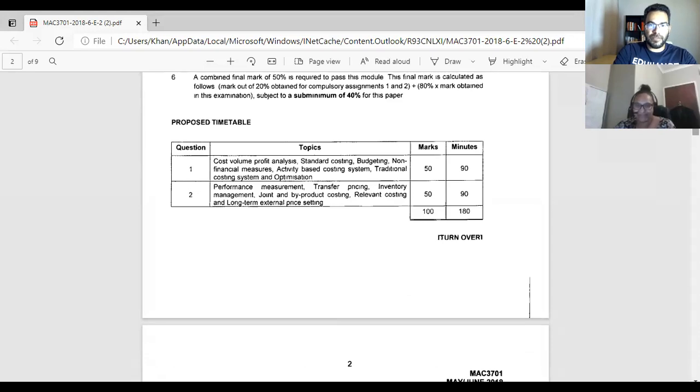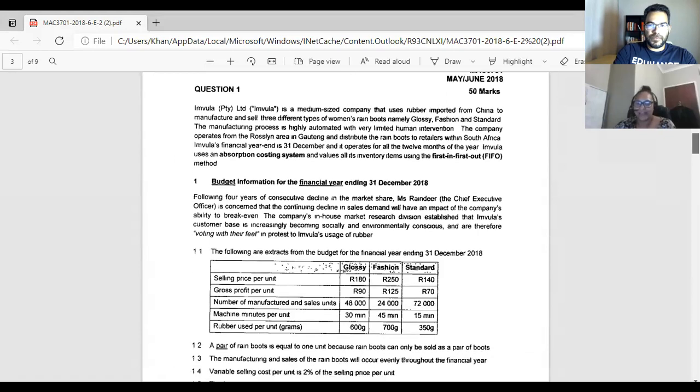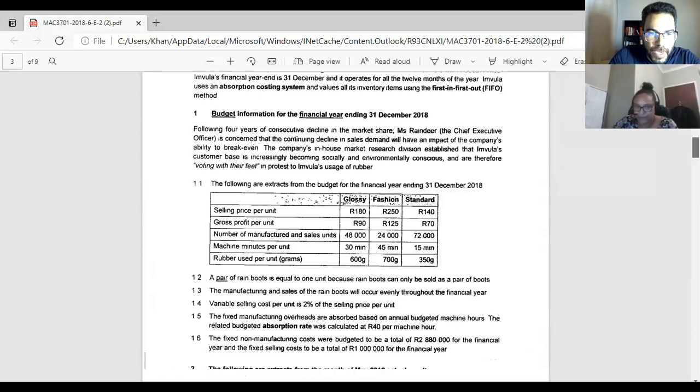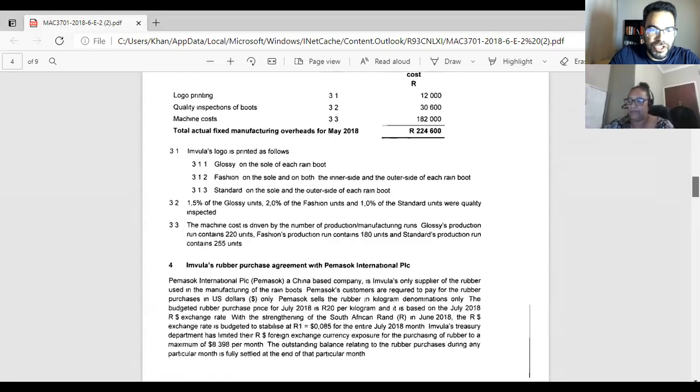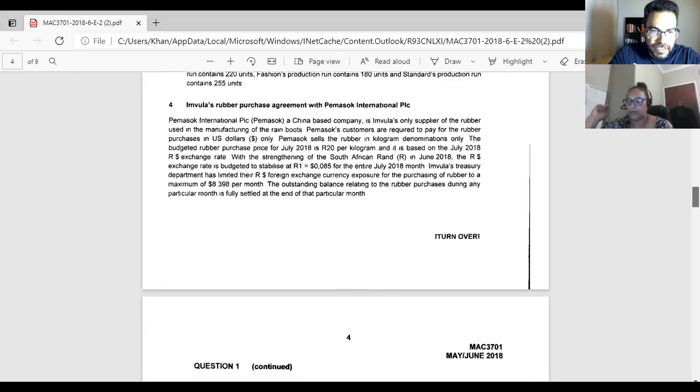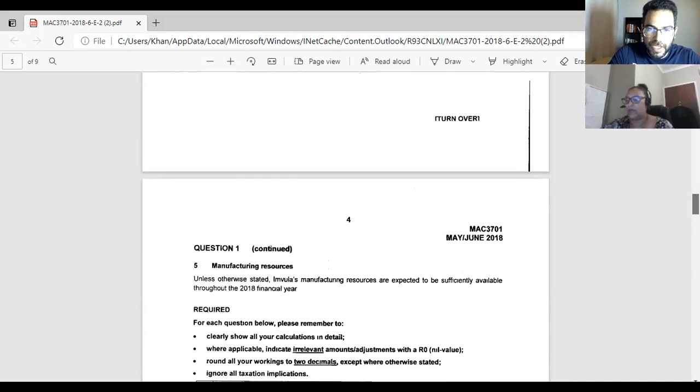We're going to focus on activity based costing and traditional costing. I know that is the ABC. We're going to read from question 1, just up until point 3.3. Beyond that is not for us. And then we come into the questions.